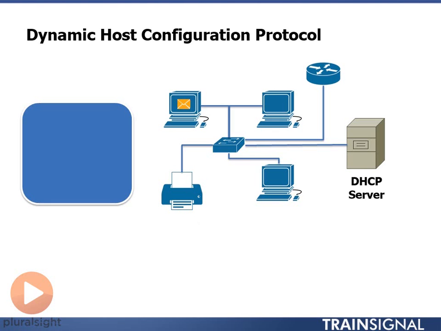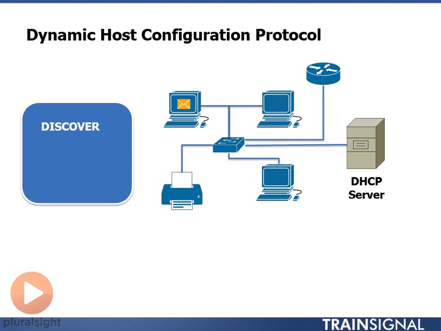What it does is automatically configure all of the information that we need in order to get our PC to operate properly. The way this works is that when we bring a PC onto a network that does not currently have an IP address configured, and the workstation is set to obtain its IP address automatically, it'll start sending out DHCP discover messages.